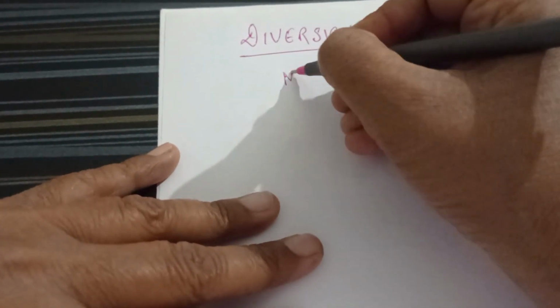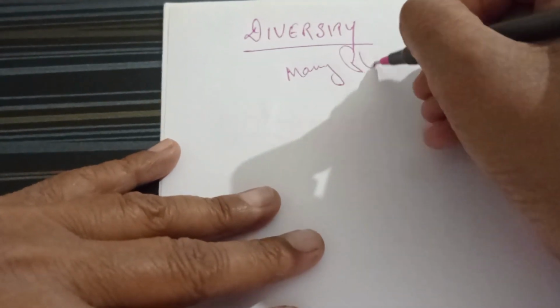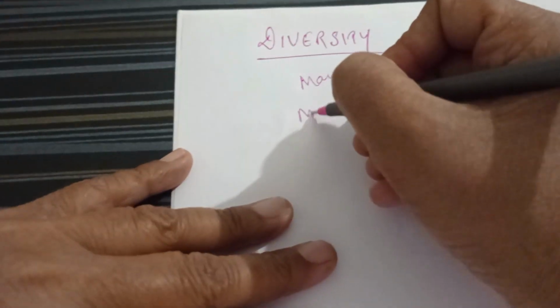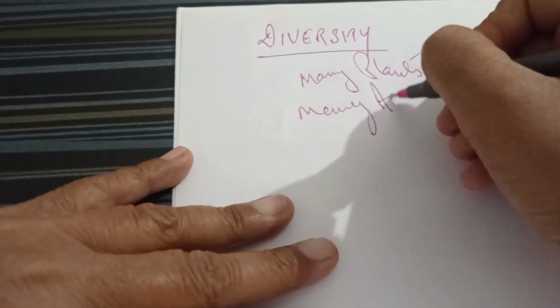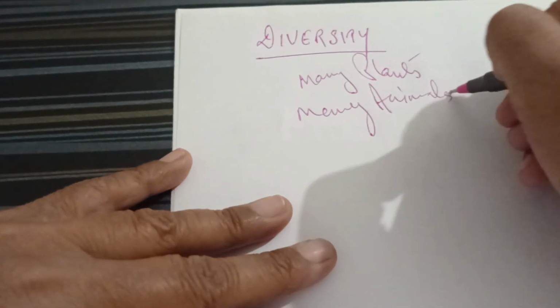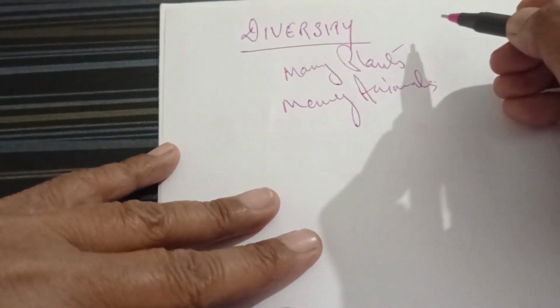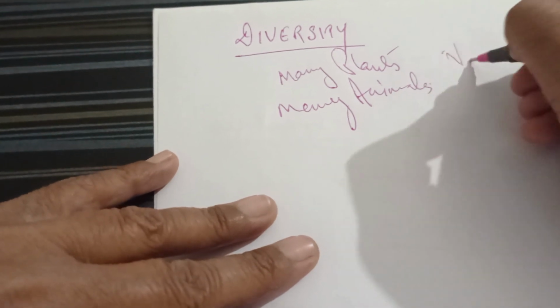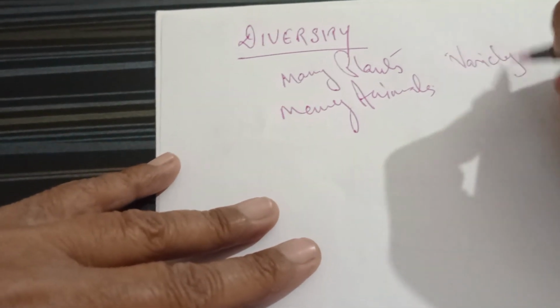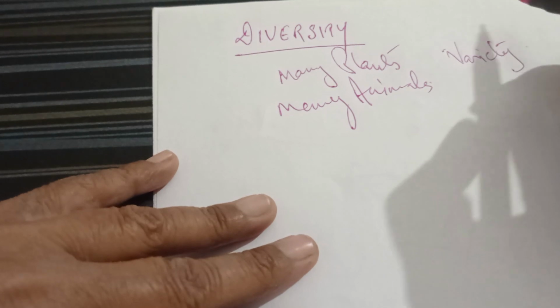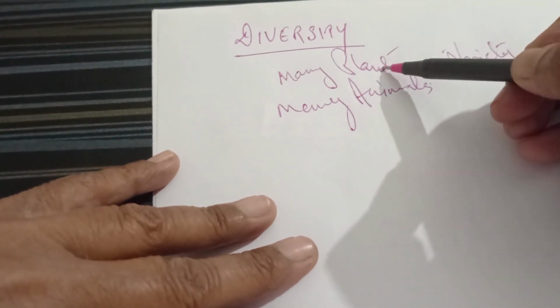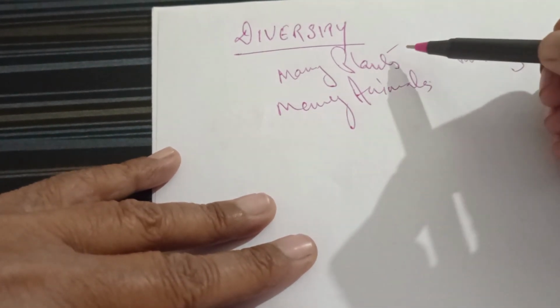There are many plants, many animals, there are huge variety of plants and animals in this world. Okay, such as there are different kinds of plants.